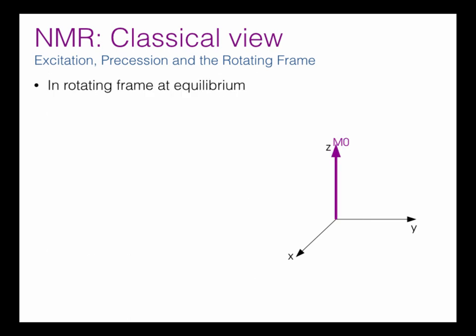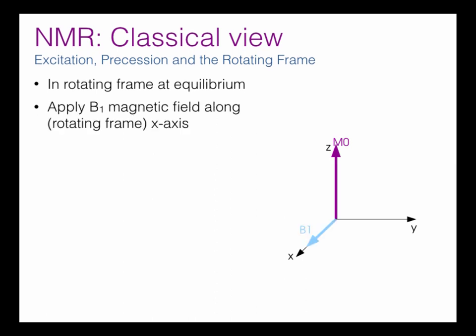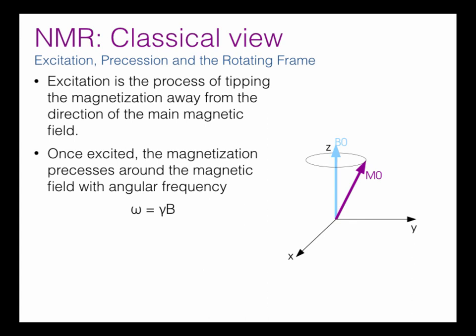Okay, so now in the rotating frame at equilibrium, let's say that we have our magnetization here. We're in the middle of the magnet, we've left it for a while, it's fully relaxed, we're at thermal equilibrium, so we've got this magnetization vector M0. We apply a B1 magnetic field. We're in this rotating frame, so we apply this B1 magnetic field along the x direction, which, as we said, is actually rotating in practice. But let's say we apply a little constant B1 here. Now, as far as our magnetization is concerned, this situation is not dissimilar to how it was here.